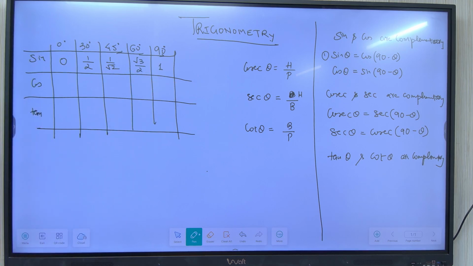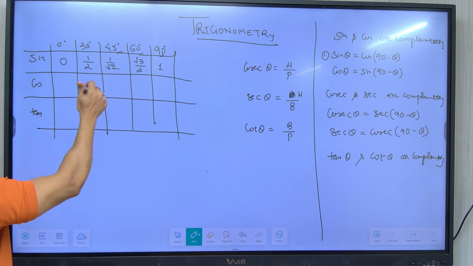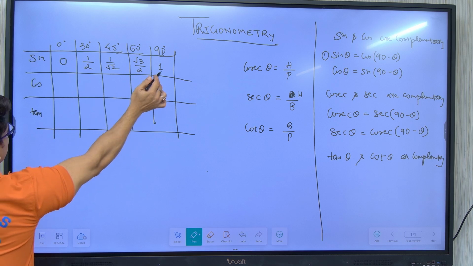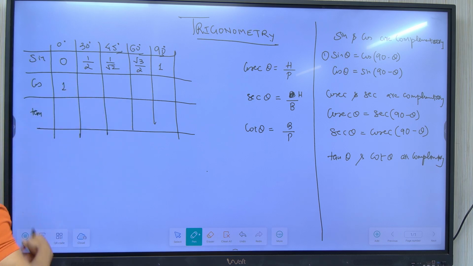As I told you, sin and cos are complementary. उल्टा हो जाएगा, right? That means sin 0 is equal to cos 90 minus 0, which is cos 90. Right? तो ये इधर आ जाएगा. Sin 90 is equal to cos 0.